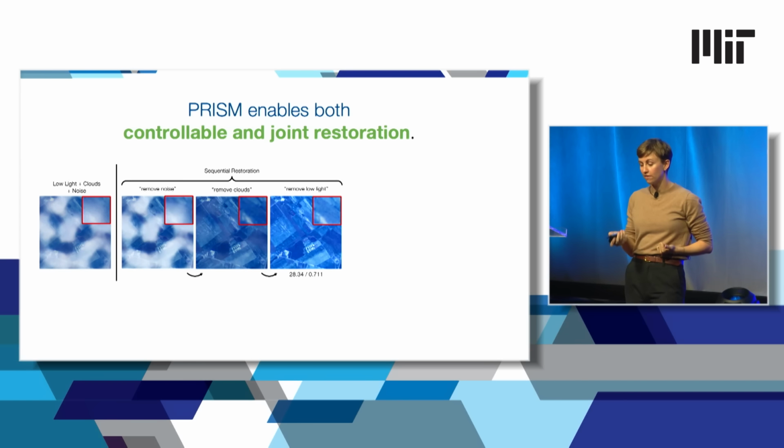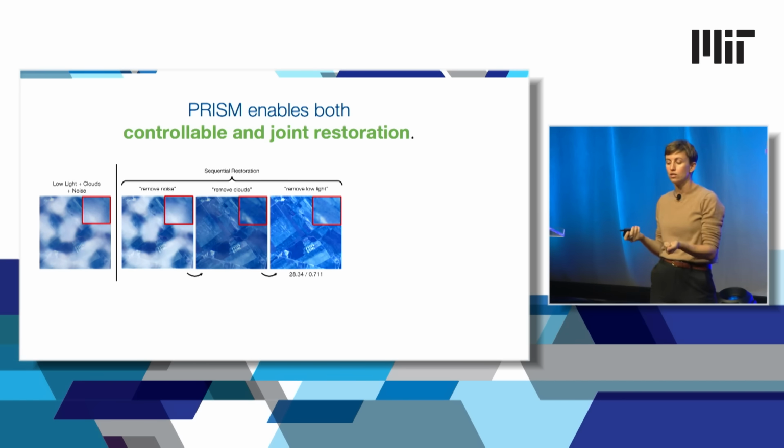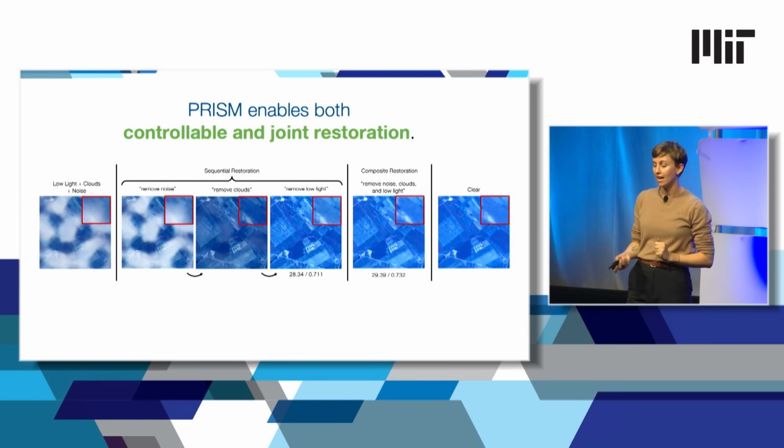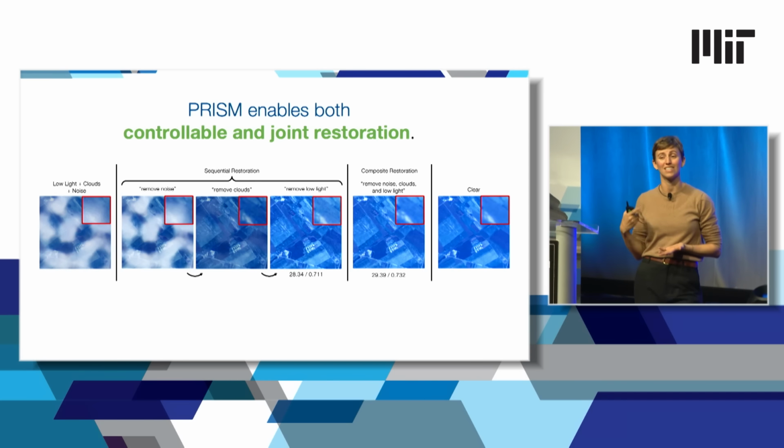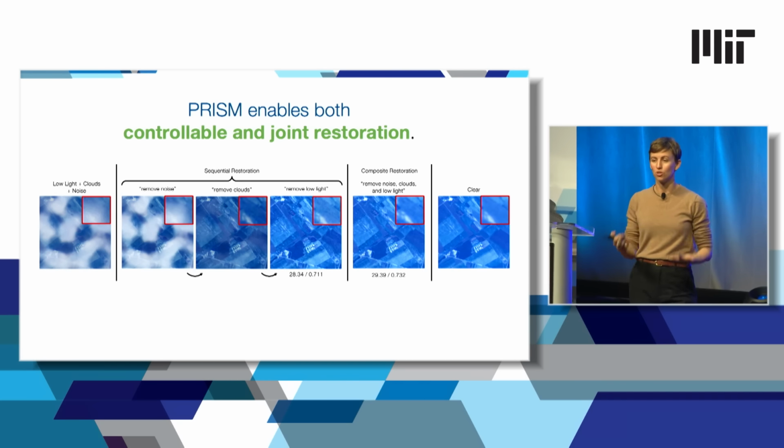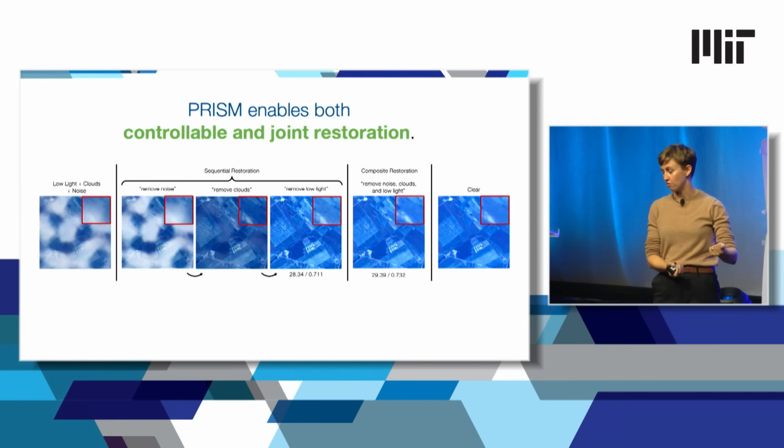So here, what we've done is you can think of this like sequential restoration, but our model actually enables composite restoration. So we can do all of this simultaneously, which is much more computationally efficient, and we actually find it also introduces fewer artifacts. You have less opportunity to add incorrect information.